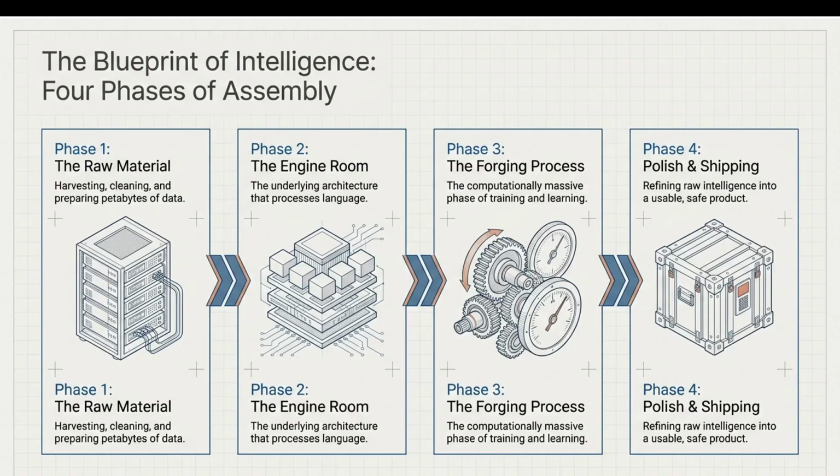And the second phase is the engine room. Here comes the architecture, the core blueprint of the large language model, which is completely based on neural networks. Neural networks are multiple layers of neurons, inspired by the living brain, where the neurons are interconnected to each other.